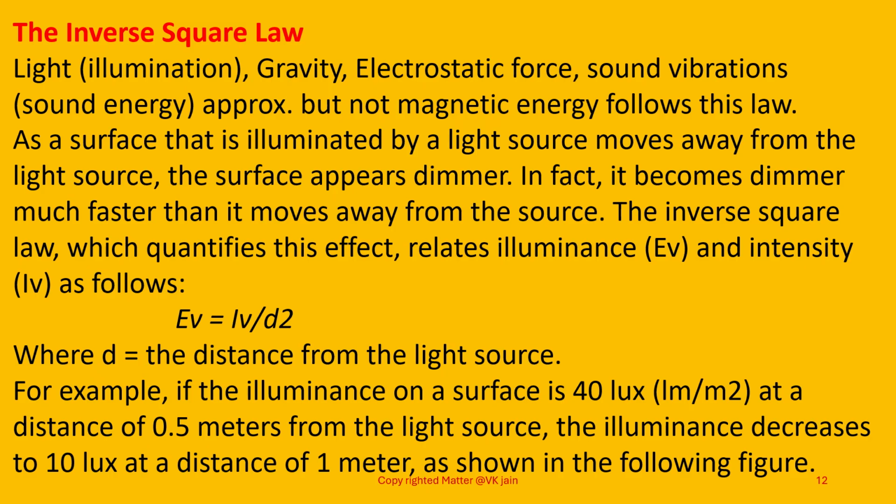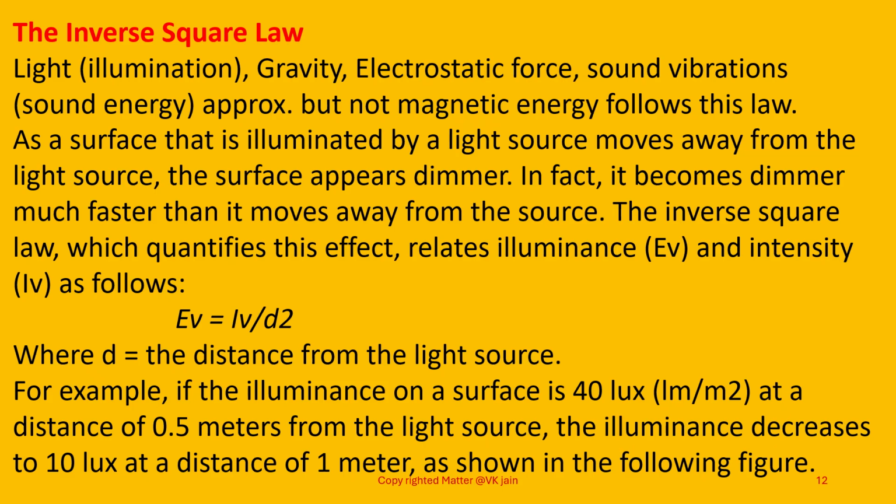As a surface that is illuminated by a light source moves away from the light source, the surface appears dimmer. In fact, it becomes dimmer much faster than it moves away from the source.